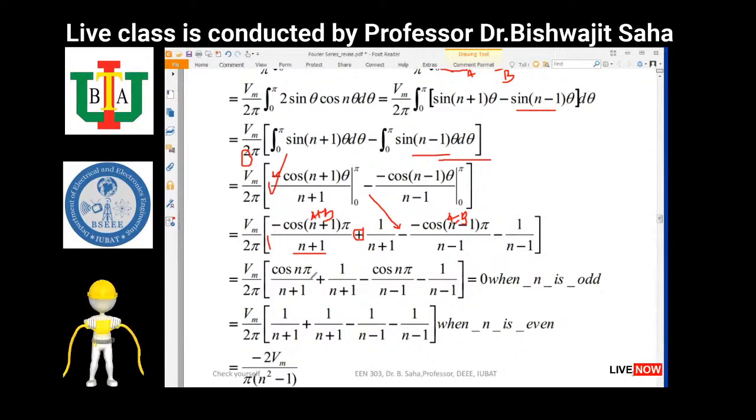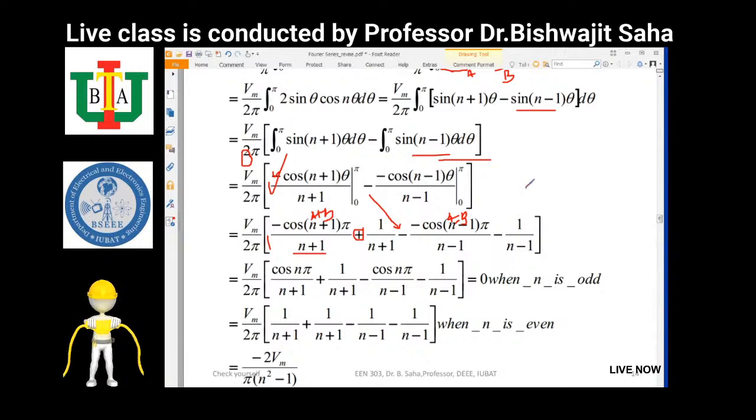Then you will get the next line, cos n pi plus pi. Let me show you the clarification of this line, although I suggest you do it by yourself, but here in the class I'm giving you the explanation of how this comes.